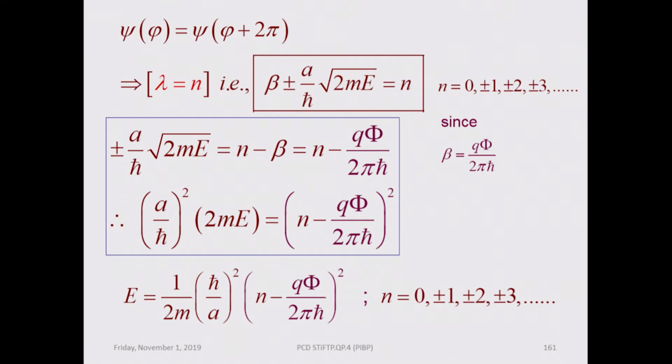They would get washed out in the n square, but they do not get washed out because you have n minus q phi over 2 pi h cross, all squared, over 2 m. So, you need the difference. In other words, the magnetic flux is removing the degeneracy that was there in the absence of the flux.